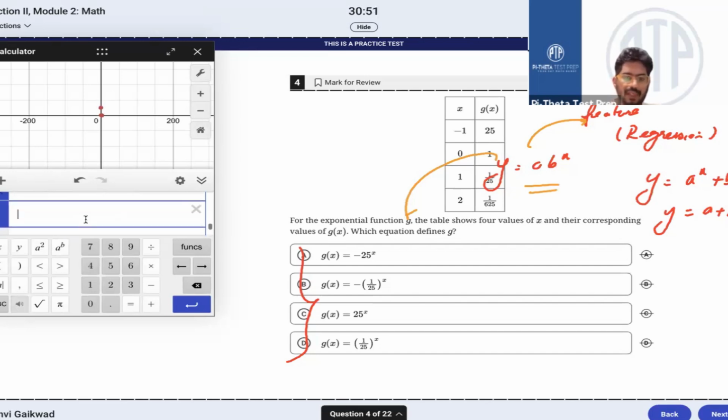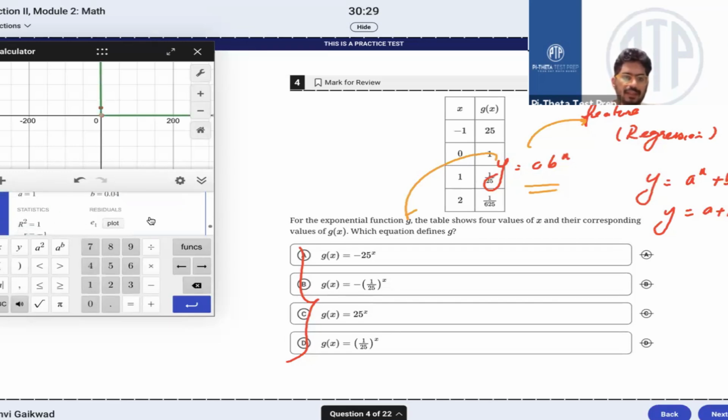Then we can use y, and this is the sign of regression. Why are we using y1 here? y1 is very important because the table is telling you about x1, y1. So we can simply put y1 and a b raised to x1.